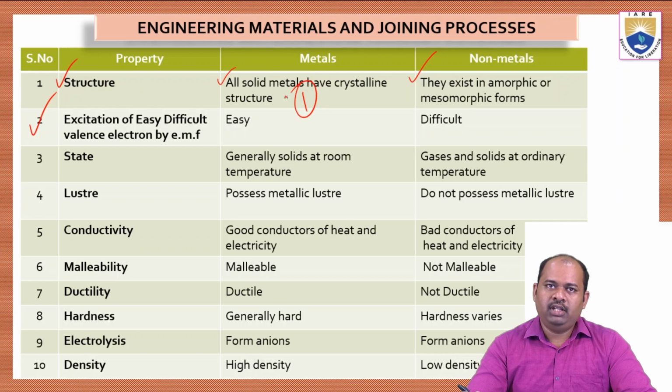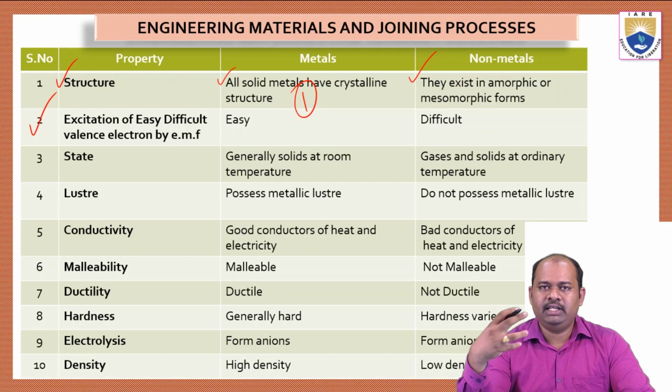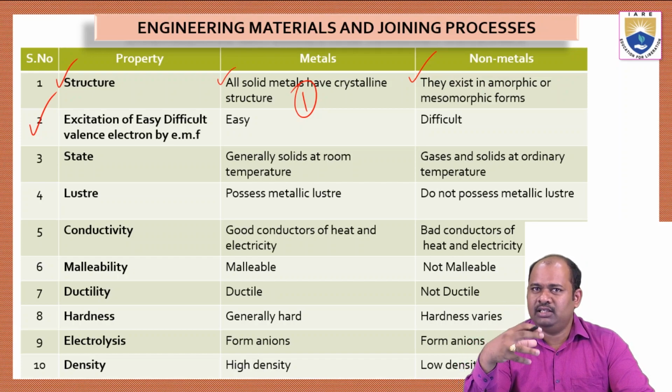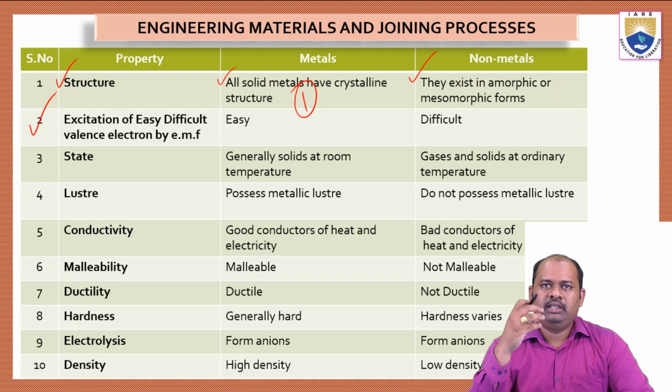And then when we compare the second property, the excitation of valence electrons, easy or difficult, by EMF, electromotive force. When we compare the excitation of electrons present in the particular material, metal or non-metal, in metals the excitation is very easy.